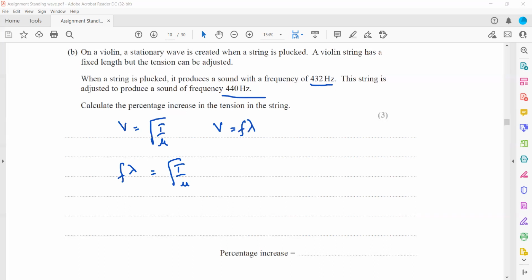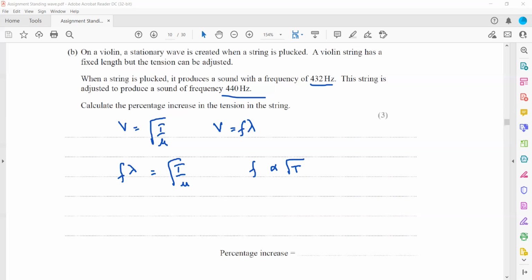We are not changing the wavelength, we are not changing the thickness of the string. So we can say that frequency is directly proportional to under root of tension, because both are in the numerator, if other parameters do not change.